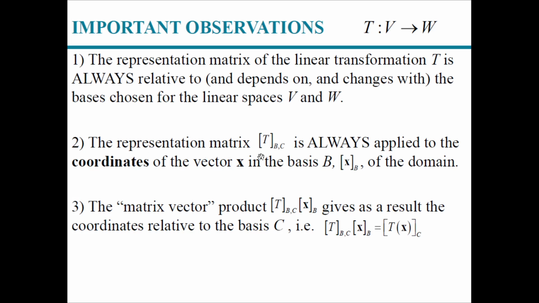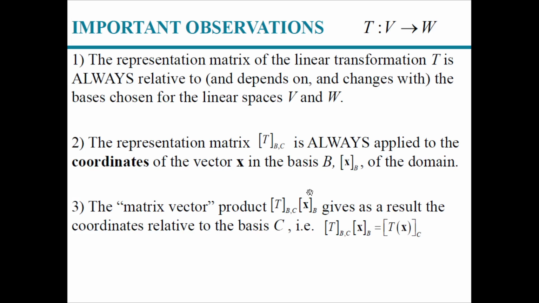So the representation matrix here, relative to the basis B and C, is always applied to coordinates of a vector in basis B. So we have a vector, but we need to find its coordinates in basis B, and then we do the product: representation matrix times the coordinates of the vector in basis B.